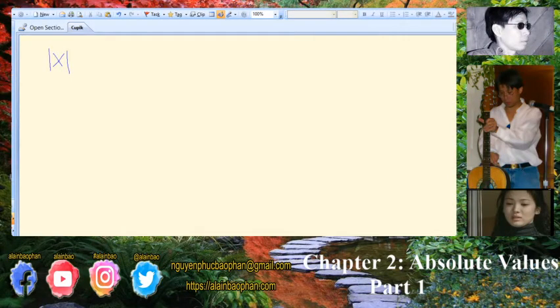Okay, so we need to find the range of absolute value of x less than 7. So we need to find the value of x. You can simplify the range. So if absolute value of x is less than 7, what does that mean?